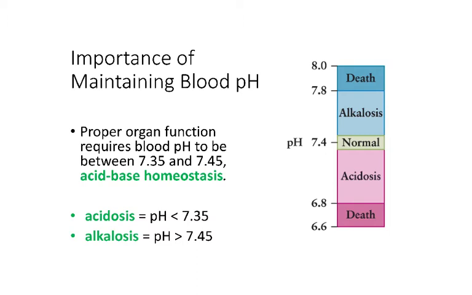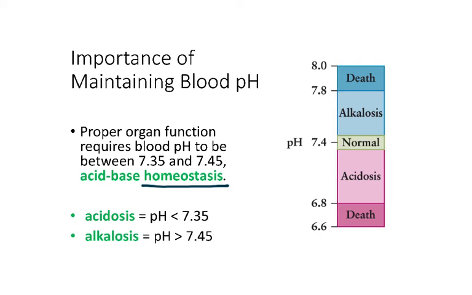Okay, and this is maintained and regulated through acid-base homeostasis. So homeostasis is like a regulatory system in your body that keeps pH where it's supposed to be. And sodium bicarbonate is a part of that.